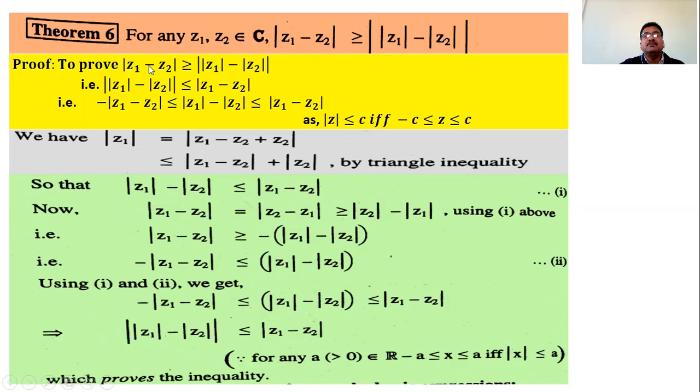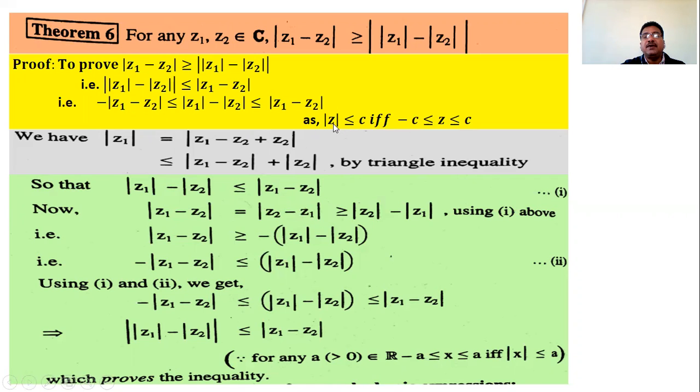So what we have to prove is that the modulus of z1 minus z2 is greater than or equal to the modulus of |z1| minus |z2|. Interchange the sides, that is, right side as left side and left side as right side. Then we have a less than or equal to sign here.